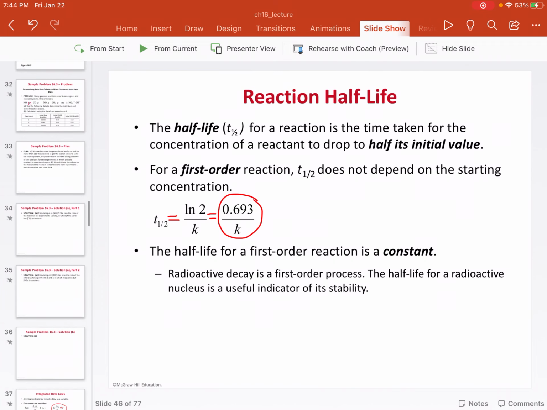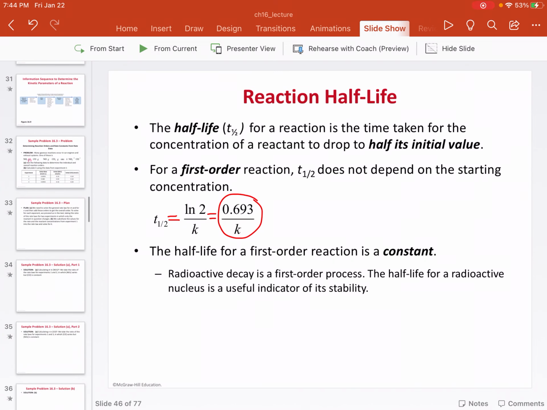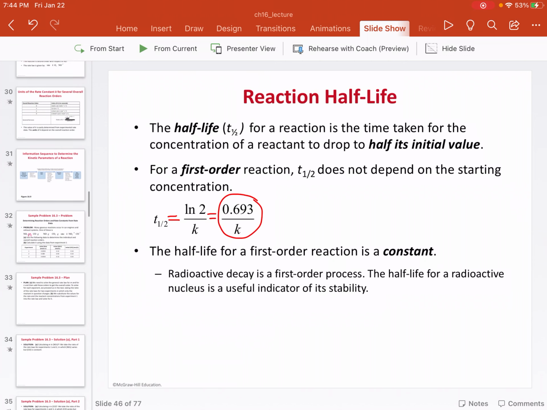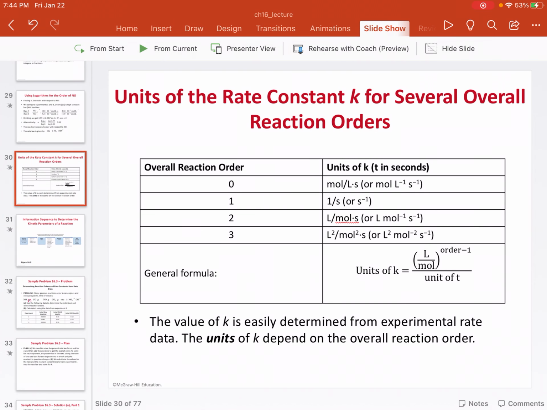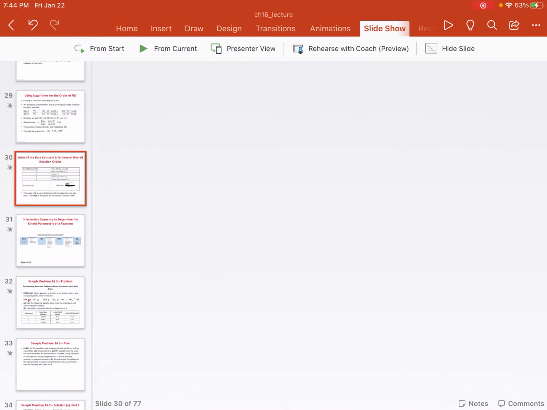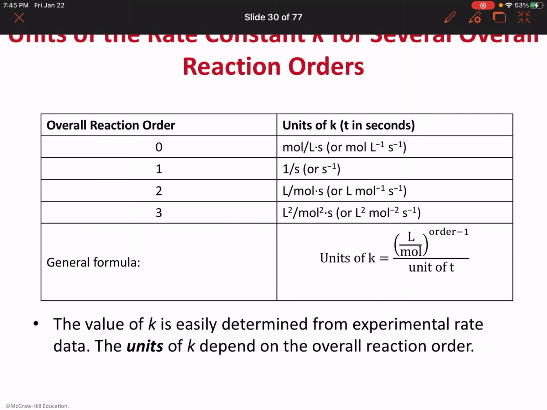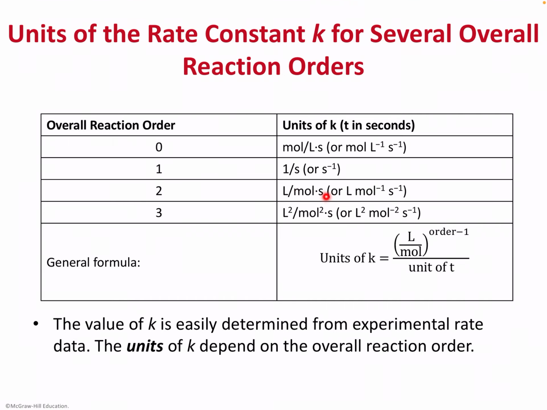We had the units over here. Okay, so these units tell us that it is a second order reaction. It was liters per mole per second, right? It was these units, liters per mole per second, so meaning it is a second order reaction.